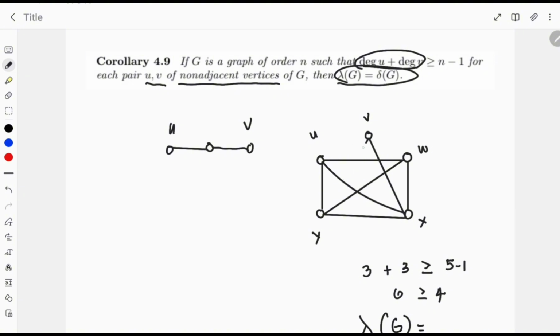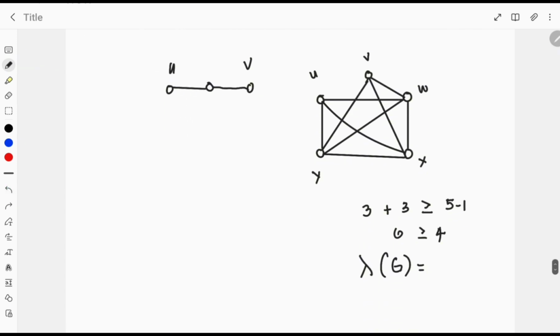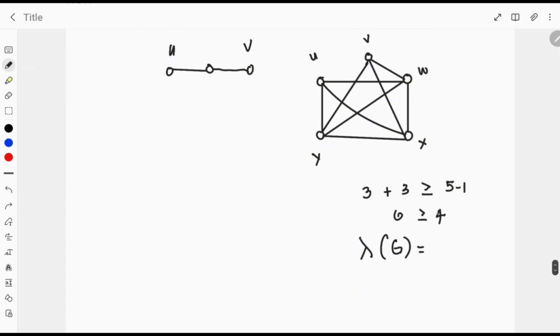Here we have vertex of 3, and delta of G is equal to also 3.